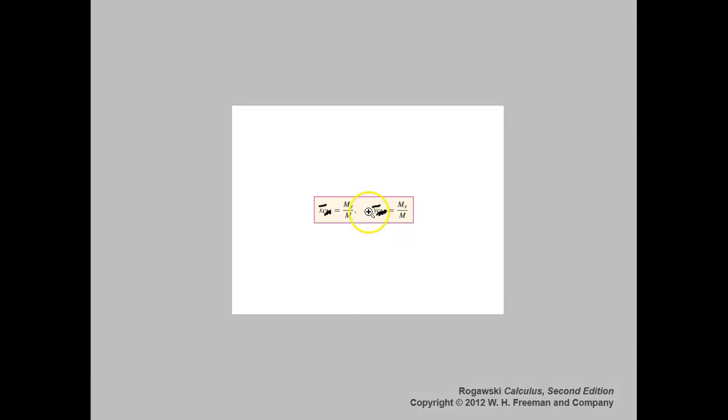So your x bar is your moment with respect to y, which is mass times distance from the y-axis, divided by the mass. And y bar is the moment with respect to the x-axis, which is mass times distances from the x-axis, in the y direction, divided by m.